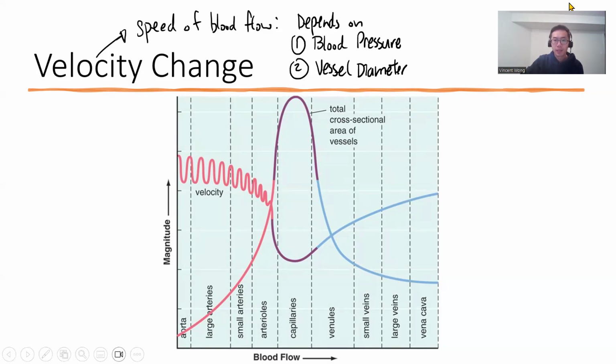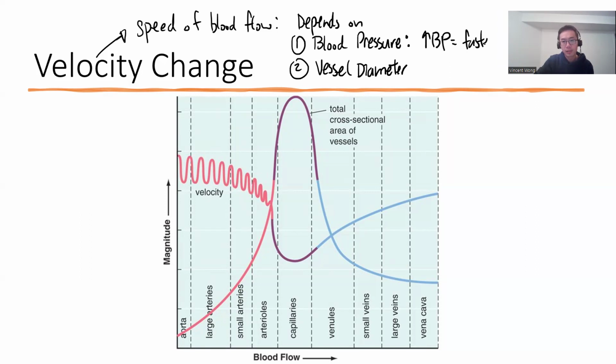So high blood pressure equals faster. Again, that's not surprising. Think of the juice box again. You take the straw out, turn the juice box upside down, it starts leaking, right? If you want it to leak faster, you squeeze it, right? And then it shoots out. Squeezing it increases the pressure, the flow goes faster.